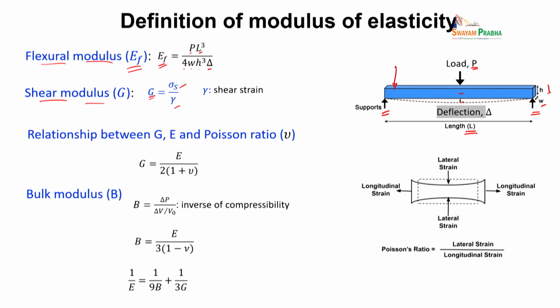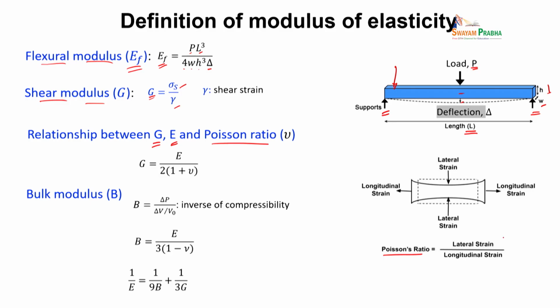Now, there is also a relationship between different moduli, especially between shear modulus, Young modulus and Poisson ratio. Poisson ratio is defined as when you try to have a strip and stretch it, apply a kind of tensile load, the film will stretch in one direction and it can contract in the other direction.